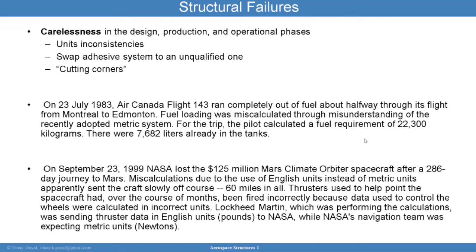On September 23, 1999, NASA lost a $125 million Mars Climate Orbiter spacecraft after many days of the journey to Mars. The miscalculation that came into play here was the use of English units instead of the metric units, and that got them to set a course that was 60 miles away from where they needed to go.